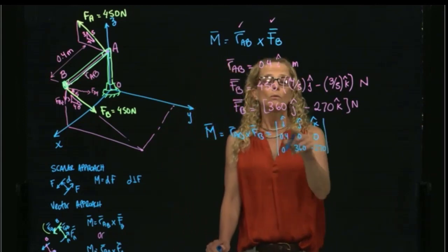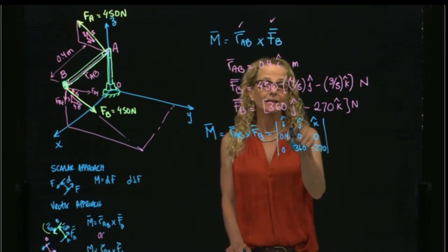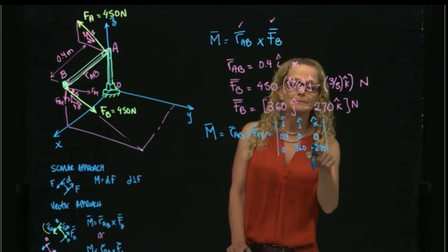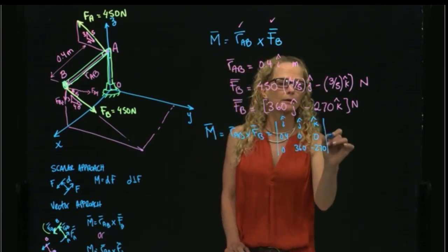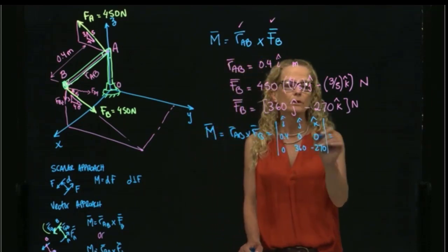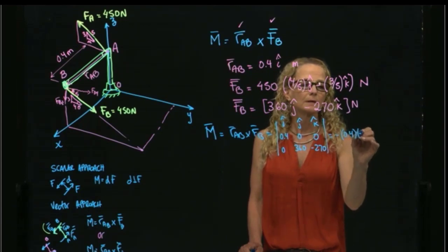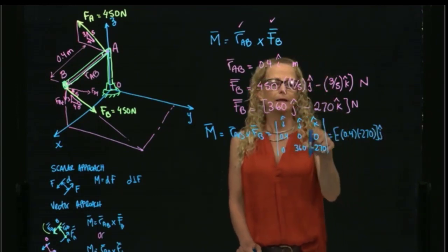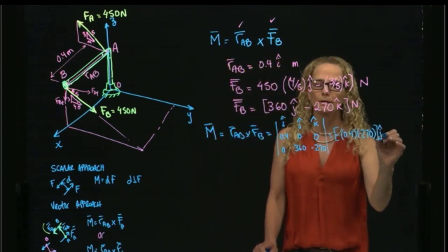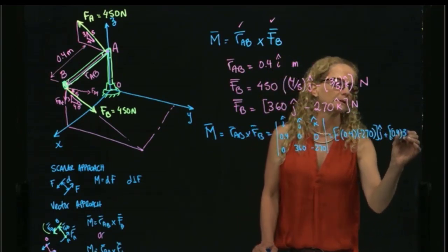As you recall, we multiply I times this determinant, which gives me 0. In J, remember that it's negative J, 0.4 times negative 270 times this column over here. And then we have K. So at the end, in I we got 0, in J we got negative 0.4 times negative 270, and in K we have positive 0.4 times 360.